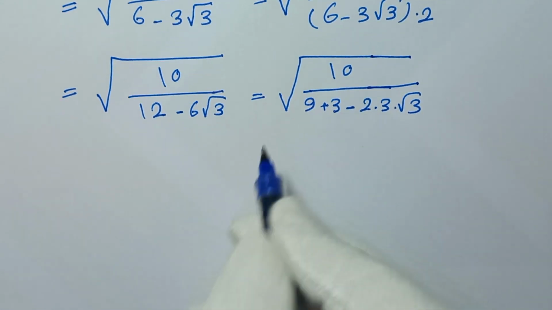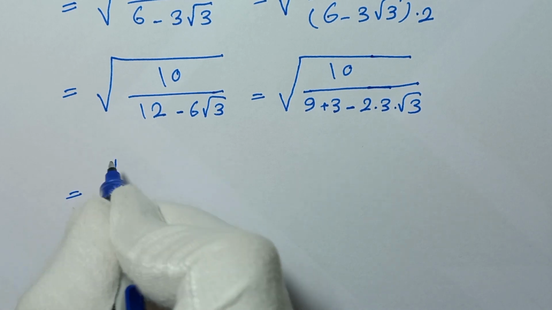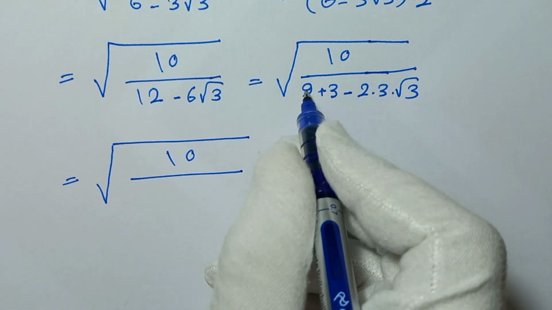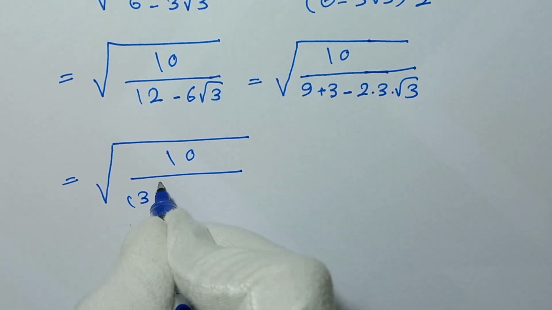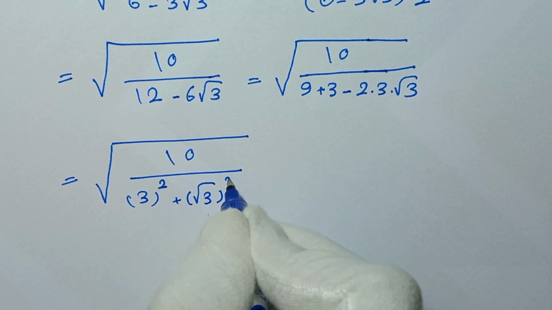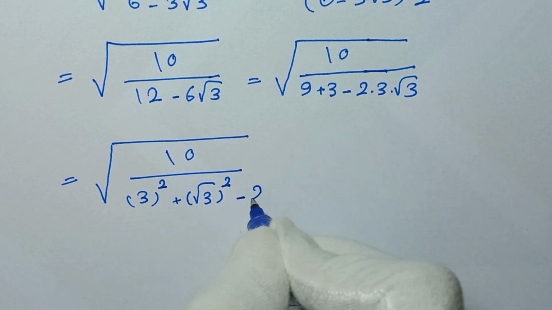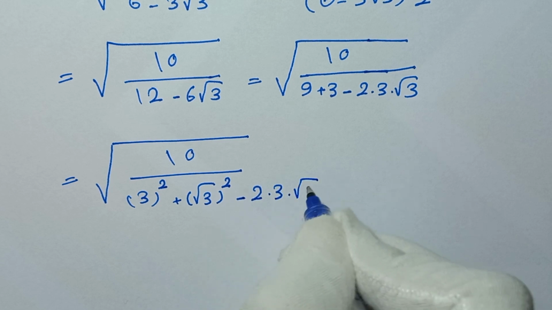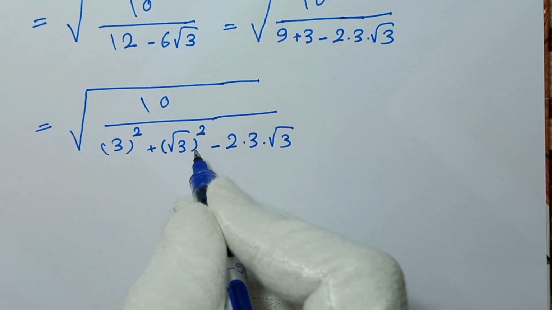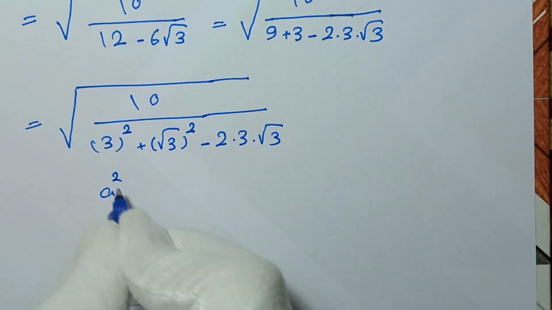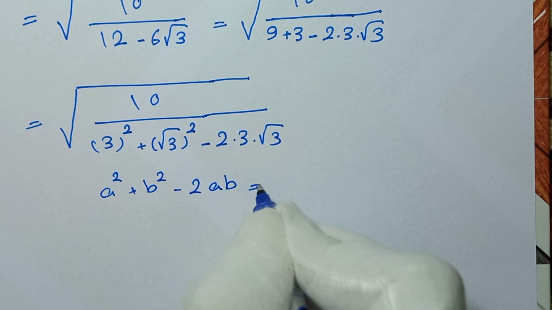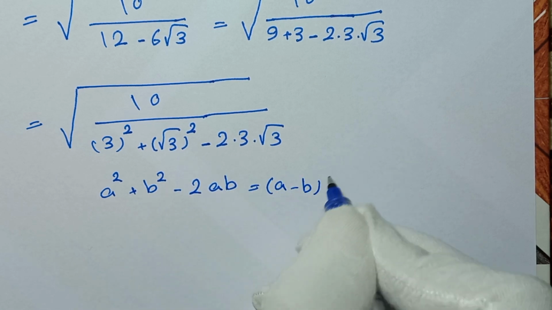So in the next step, we write square root of 10 over 9. We can write 9 as 3 to the power of 2 plus 3, and we can write 3 as square root of 3 to the power of 2, and minus 2 times 3 times square root of 3. And here this denominator is in the form of a square plus b square minus 2ab, and it will be a minus b to the power of 2, right?